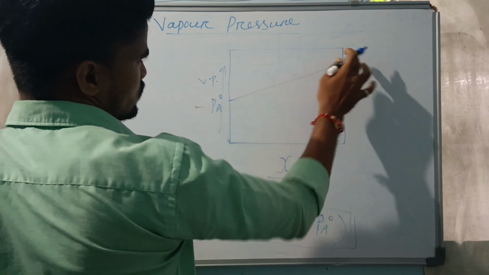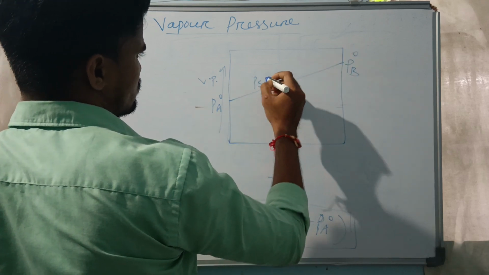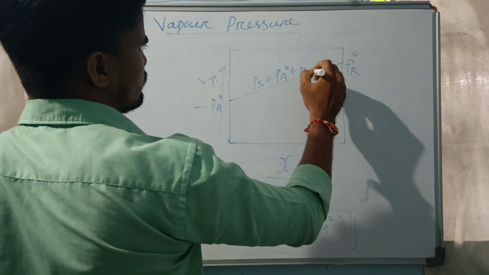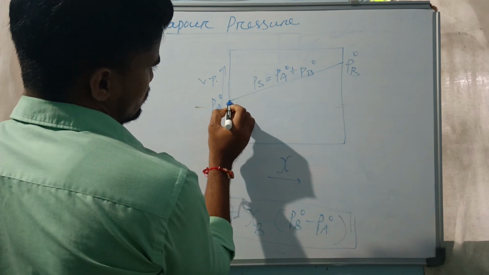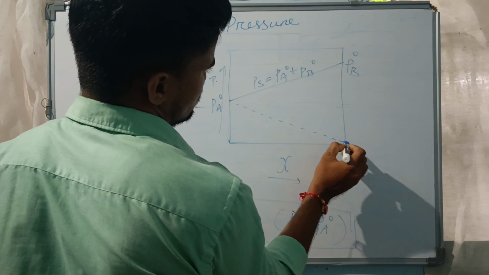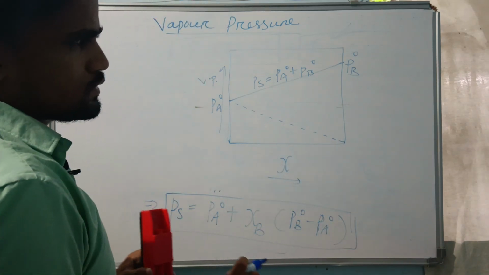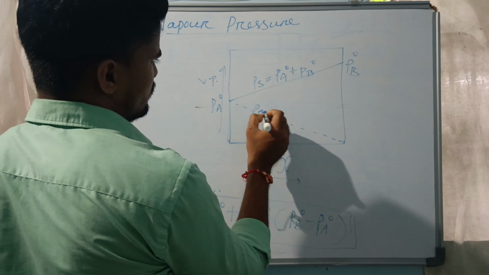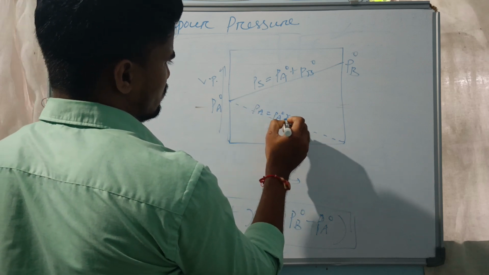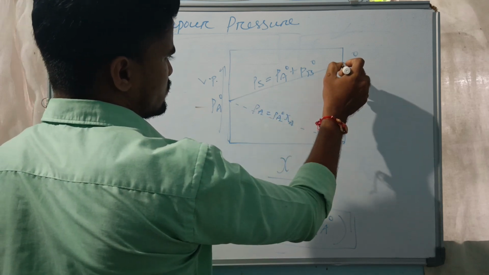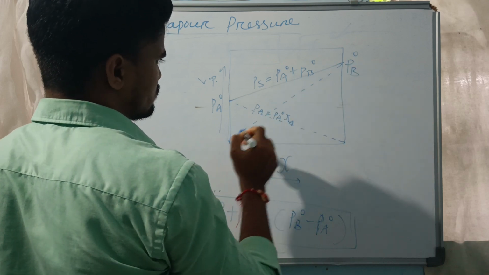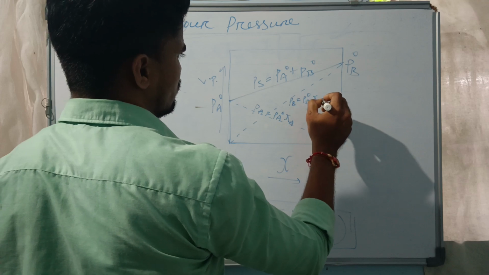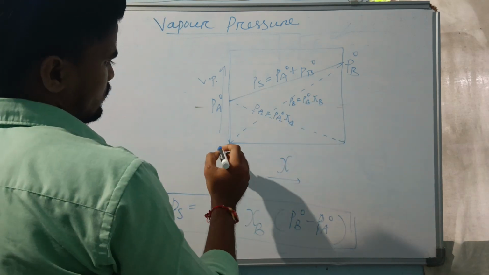So PA naught plus PB naught gives the pressure of the solution, that means the total pressure. The dotted lines represent the partial pressure of liquid A. From this point, PA is equal to PA naught chi A, and this point represents PB equal to PB naught chi B.